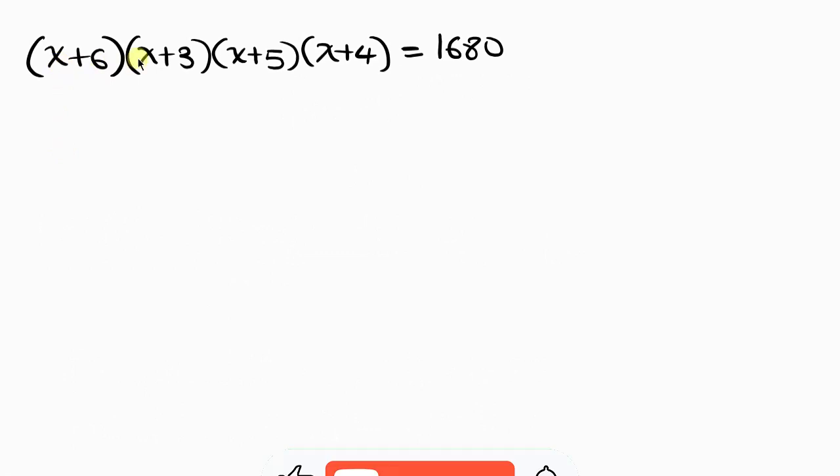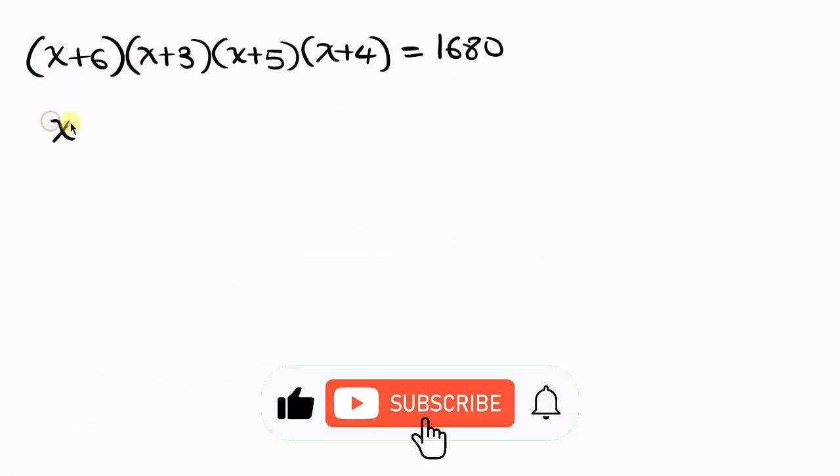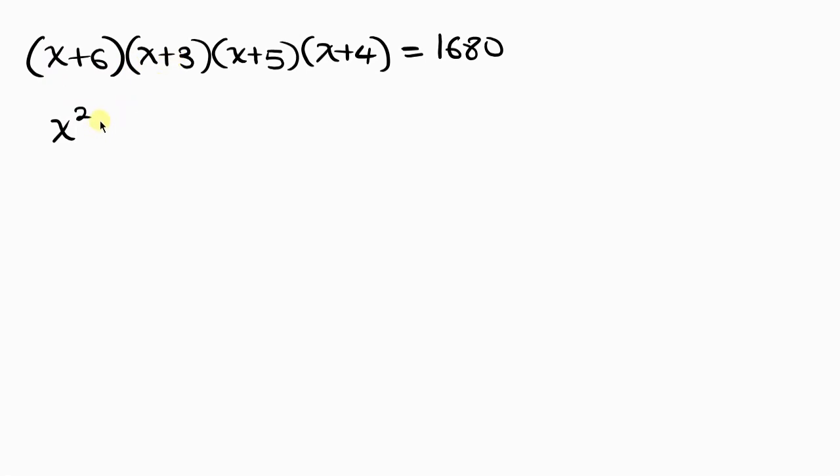So now let's expand. We have x times x, which gives x squared, and then x times 3 gives 3x. Then 6 times x gives 6x, and then plus 6 times 3 is 18. And now we're going to be expanding the other two.